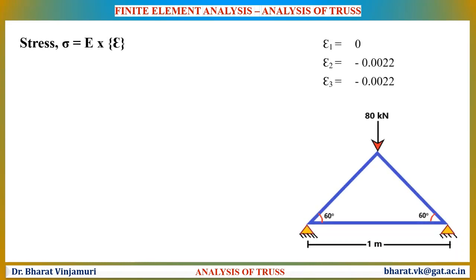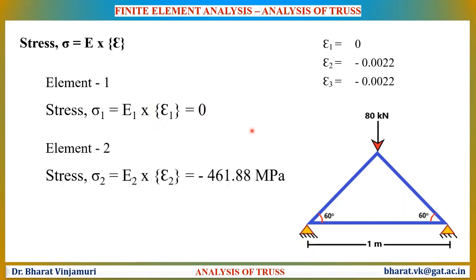The stress in the entire structure can be determined by multiplying the Young's modulus with the strain. Since there are 3 elements, we will be getting 3 different components of stress for element number 1, element number 2 as well as element number 3. For element number 1, the stress will be 0 since the strain is also 0.